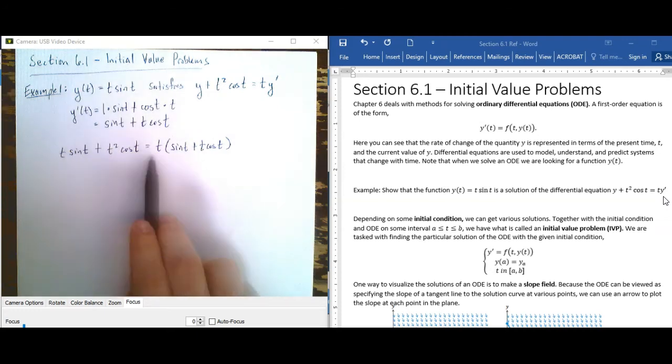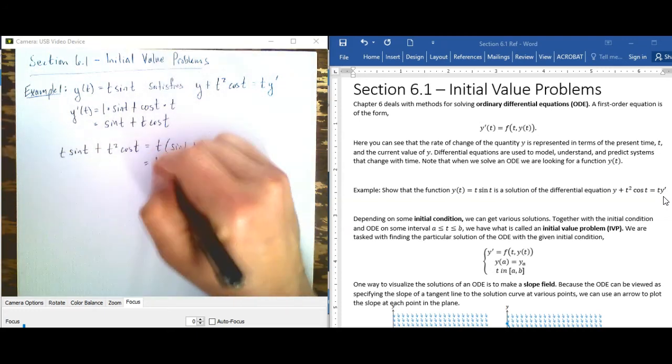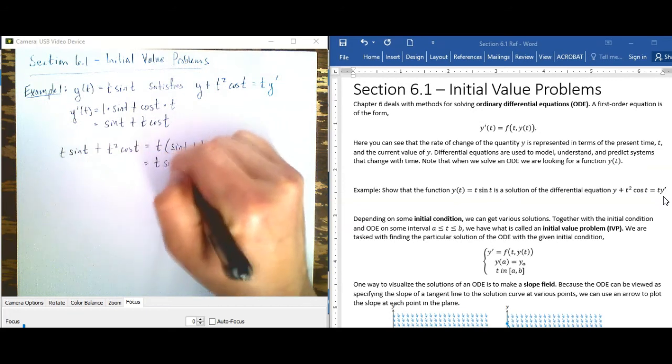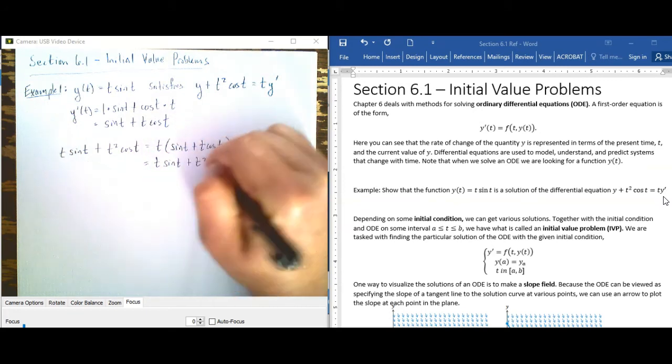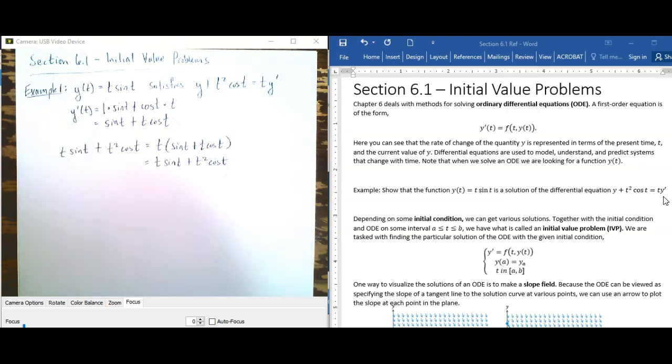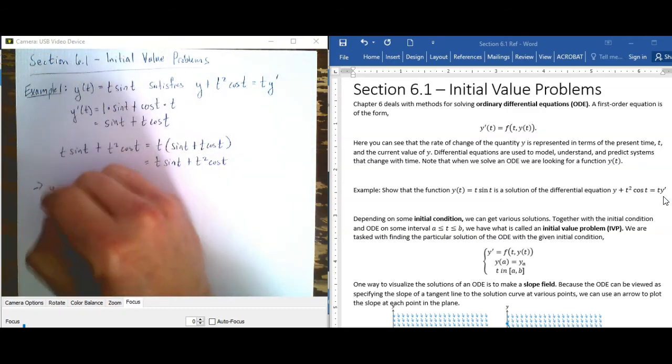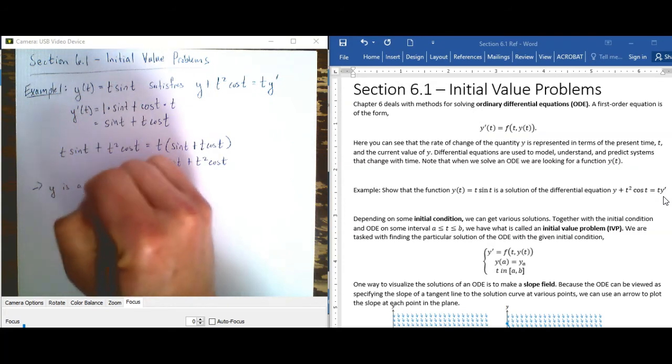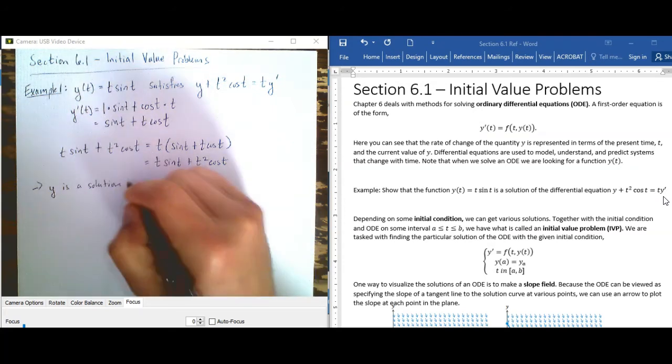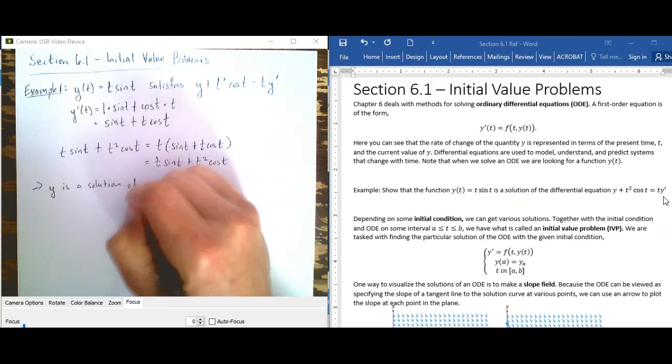You can see that when we distribute the t, we get exactly the left-hand side. So we have equality. This implies y is a solution of the ODE.